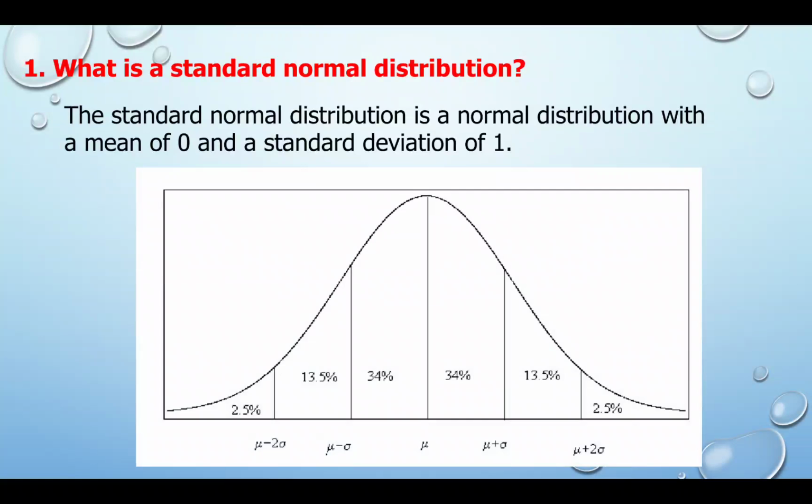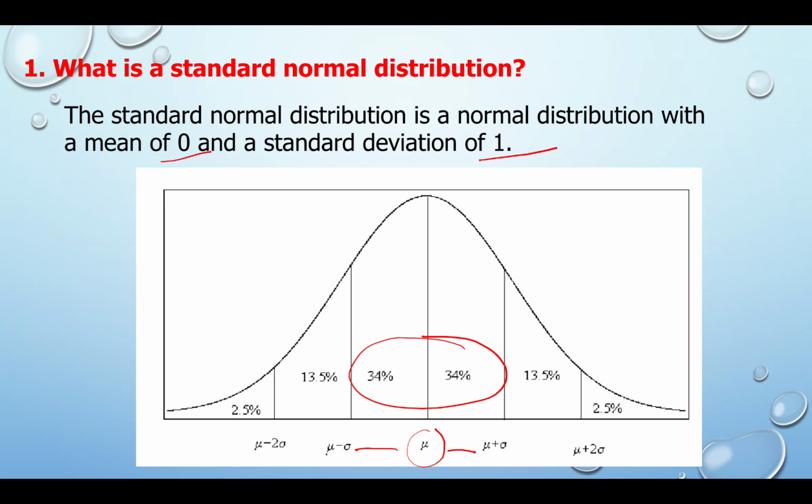What is a standard normal distribution? As I've said earlier, it is a normal distribution with a mean of 0 and a standard deviation of 1. Dahil ito ang ating mean, pag minus natin ng 1 standard deviation and nag-add tayo ng 1 standard deviation, that comprises 68%. Of course, dahil symmetrical yan, tig 34.